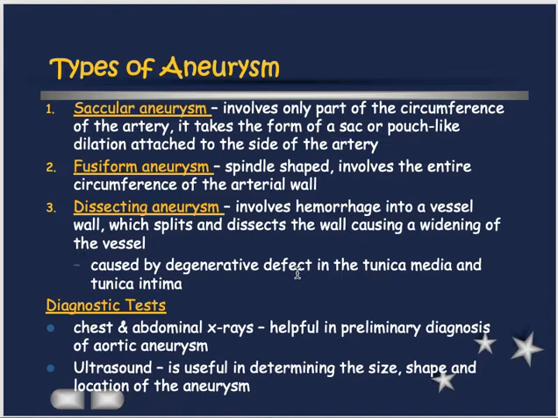Aneurysms can be classified according to the wall. There are true aneurysms and false aneurysms. A true aneurysm is one which involves all three layers: intima, media, and adventitia. And a false one just involves one layer.